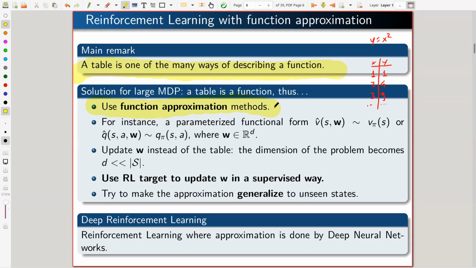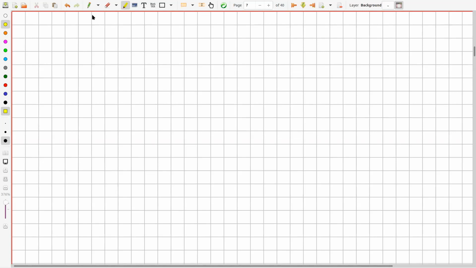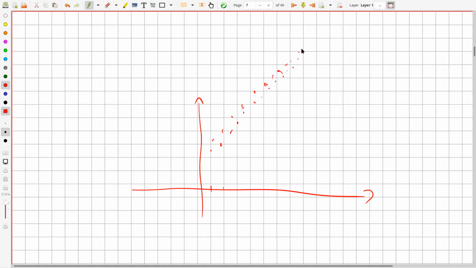And why would approximation reduce the dimension of the problem? Well, this is clear, but just to understand the terms of the problem, assume you have to describe, let's say, a cloud of points doing something like this, and then assume on this axis you have the states of your Markov decision process, and this is the value function, the value of the states.